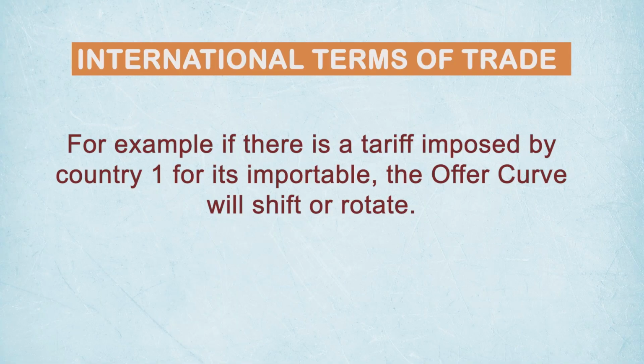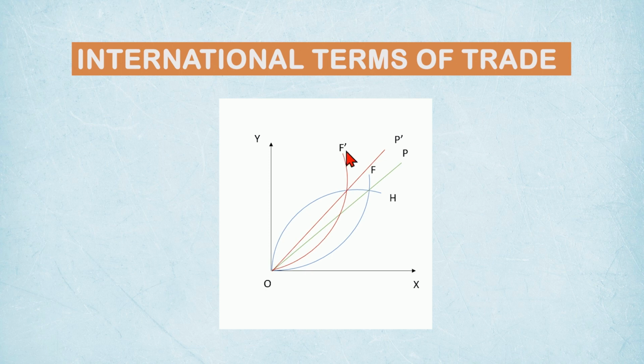And then if something happens with trade policy, there would be some changes in the offer curve. For example, if a tariff is imposed by country 1 on its importable, the offer curve will shift or rotate. So if the offer curve rotates from the blue line OF, I get a red line OF prime.